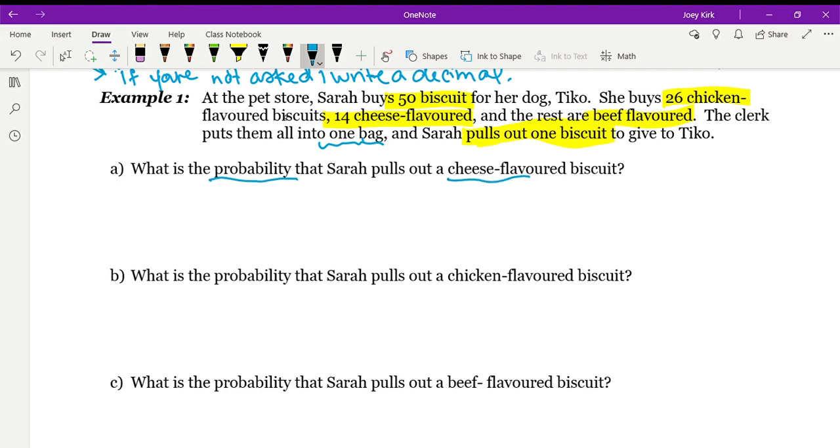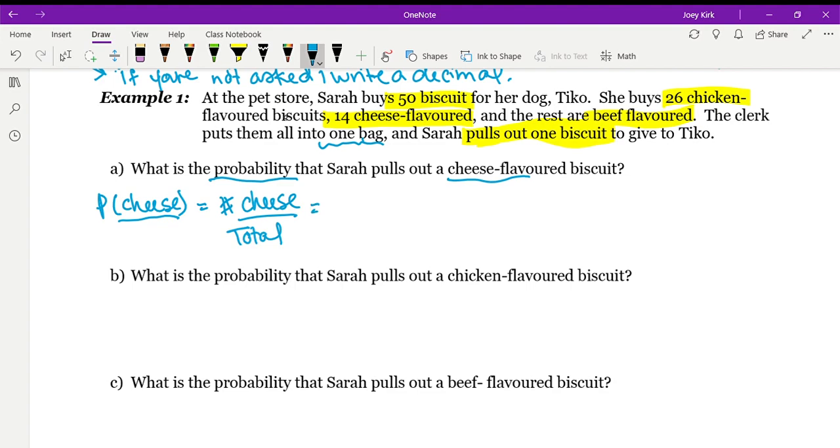So what we'll do is take the probability of cheese, which is equal to the number of cheese flavored biscuits over the total, right? Because this is the number of different ways you can get the outcome that you want, which is cheese.